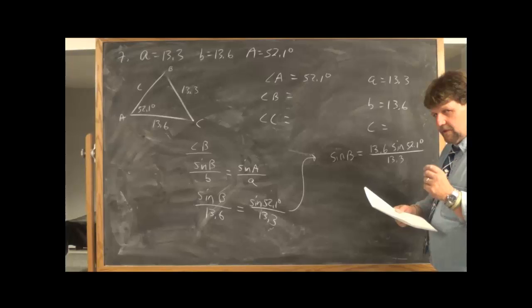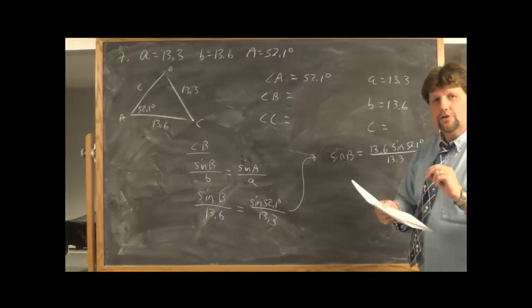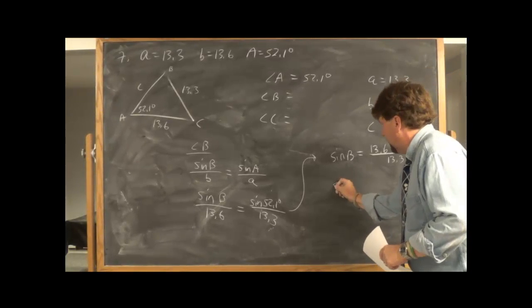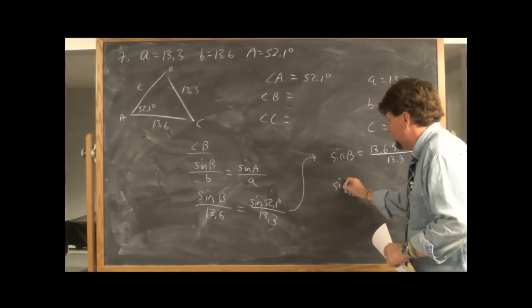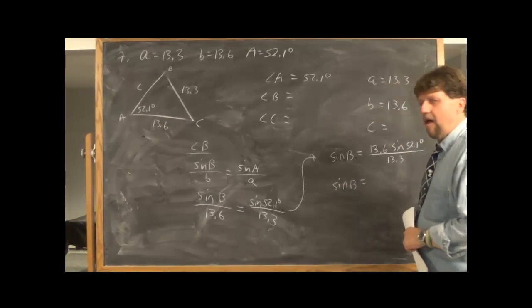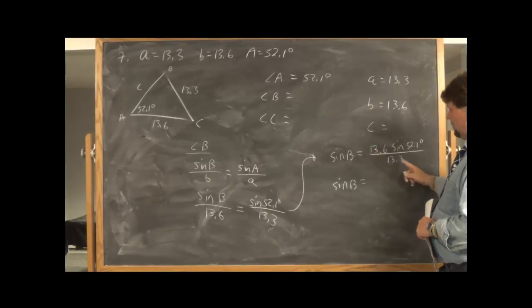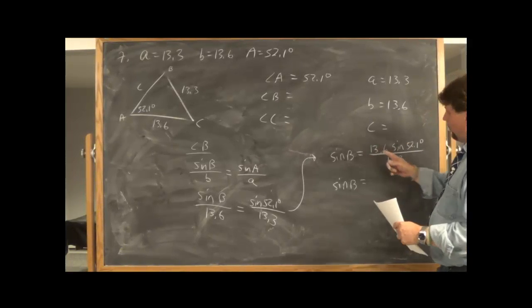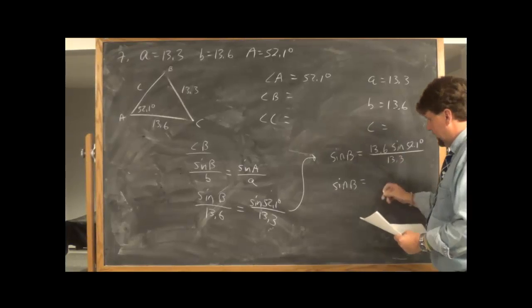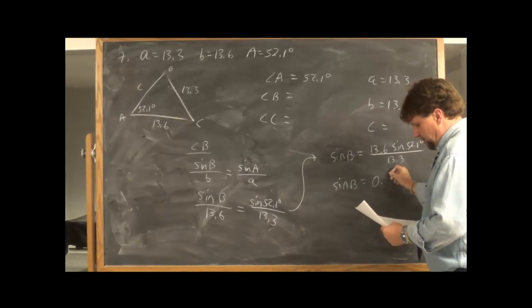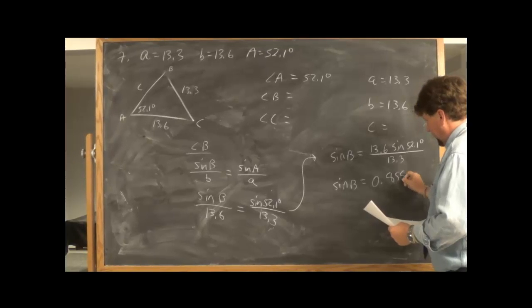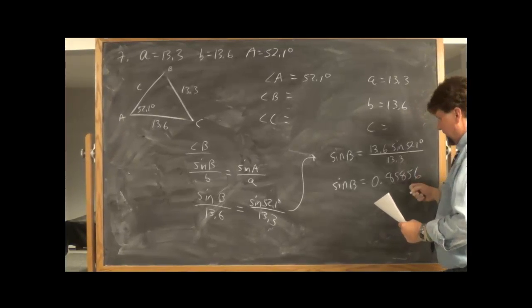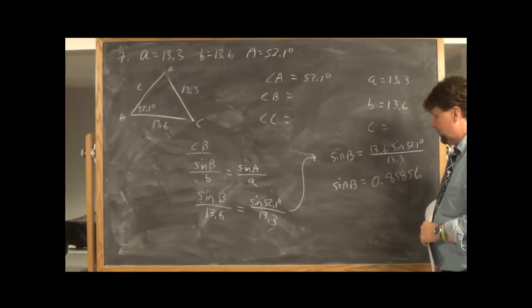And here comes the key, the crucial step, and kind of not making this so ambiguous. Use your calculator. Crank all these numbers through your calculator. See what you get. When I crank this through the calculator, I get 0.85856. I'm just going to stop there.